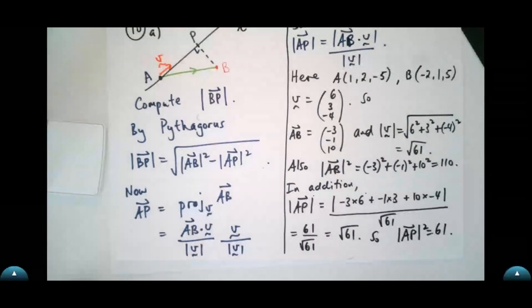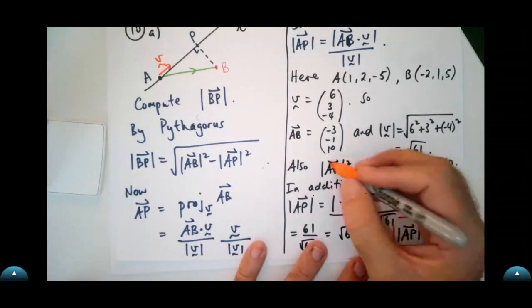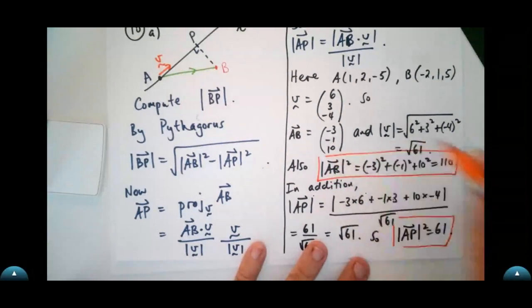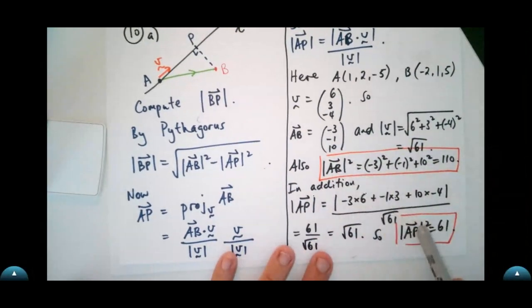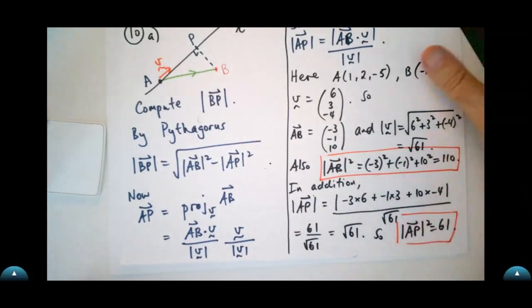Okay, so let's see what the important information here is. That's important. That's important. We're going to put this and this into here, and we'll get our solution for the length. So last part of the problem.